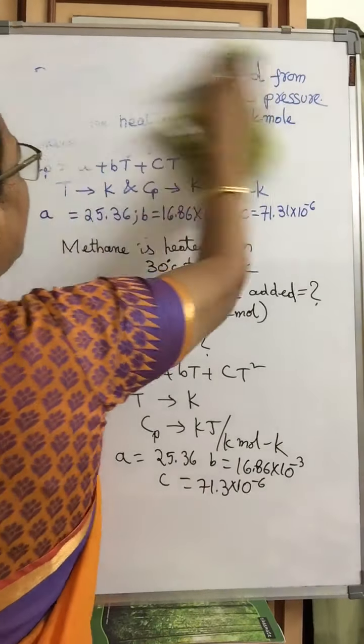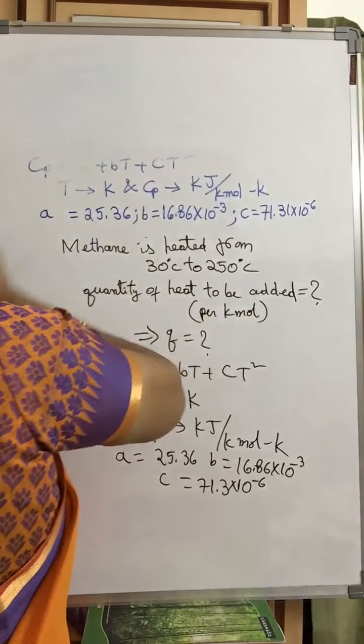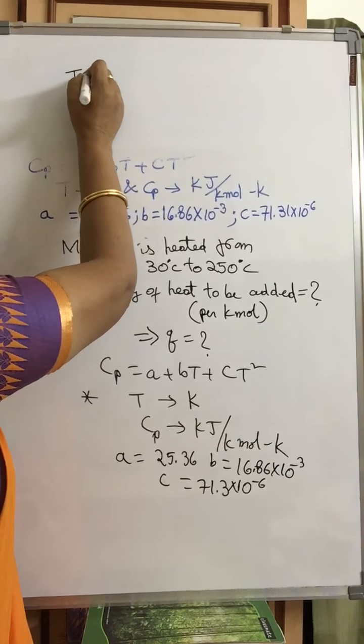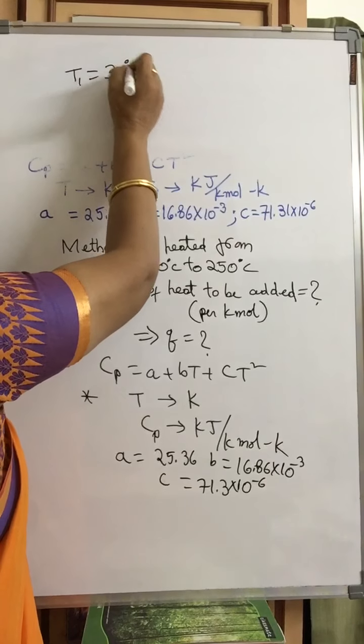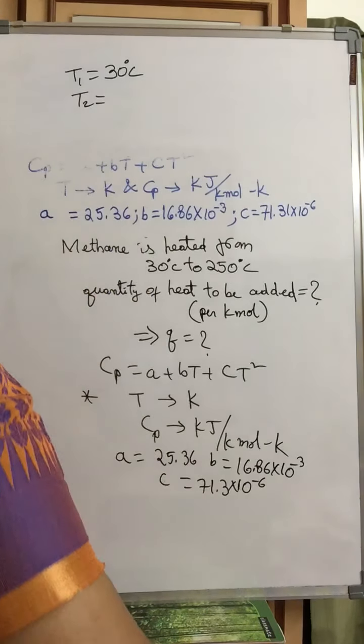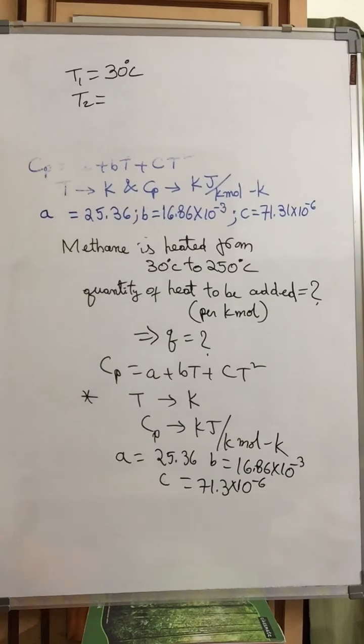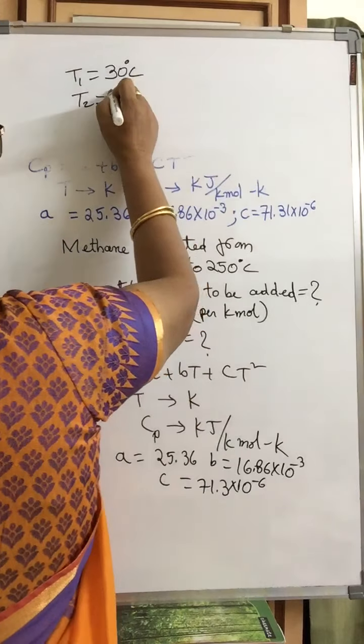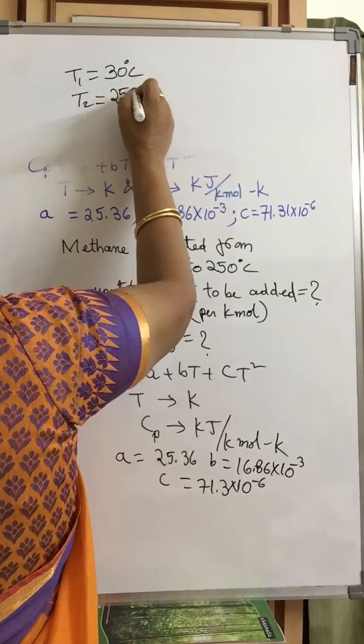T1 is 30 degrees centigrade, and T2 is 250 degrees centigrade.